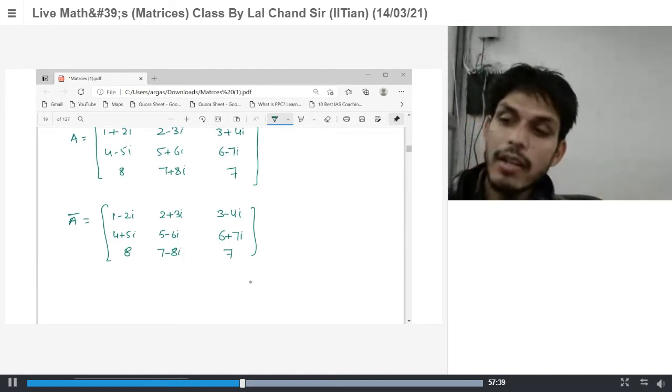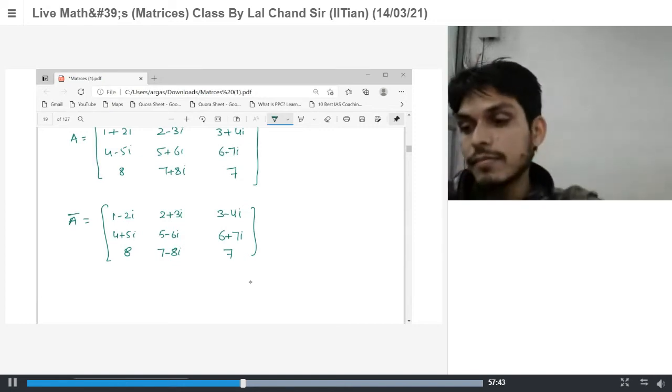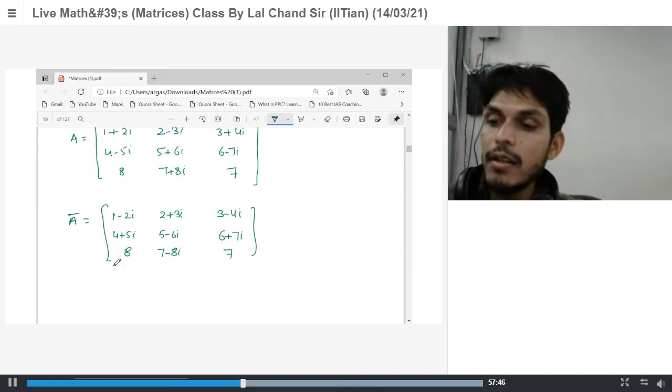Now we define a next matrix with the help of this conjugate, that is the transpose of a conjugate matrix.